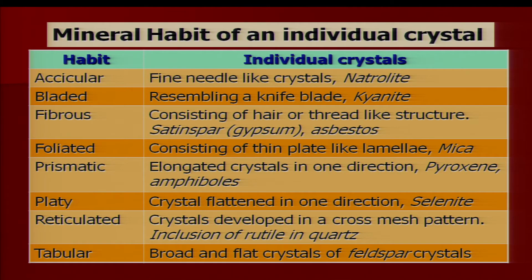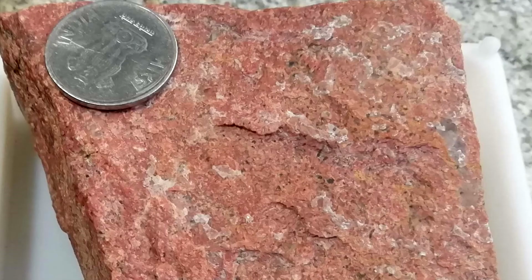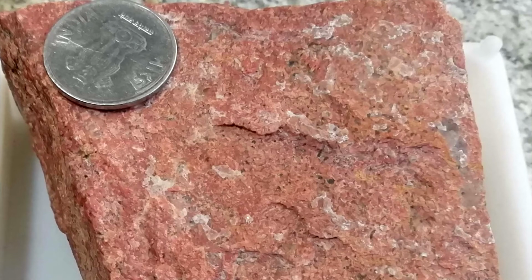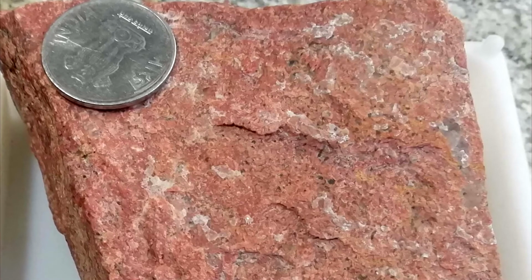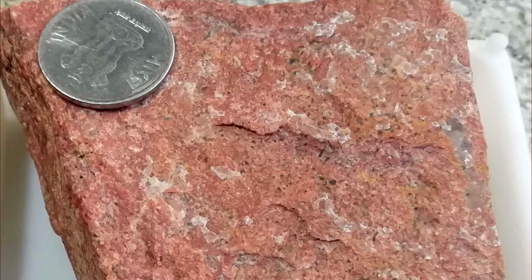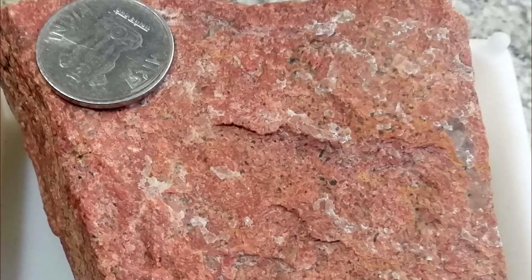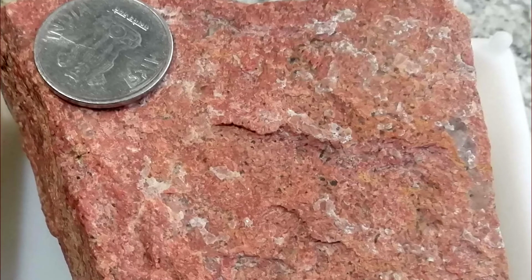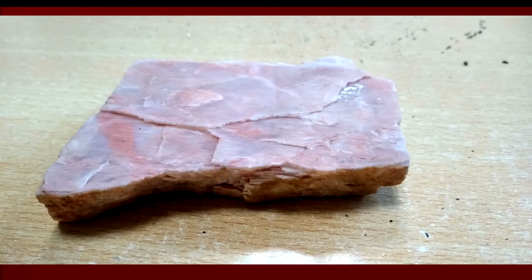Then lastly, we talk about the tabular habit. Tabular habit means broad and flat crystals, like feldspar. Feldspar is the most common mineral which displays tabular habit, that means flat crystals are developed. That means only one direction is very well developed, and the other two dimensions are least developed.